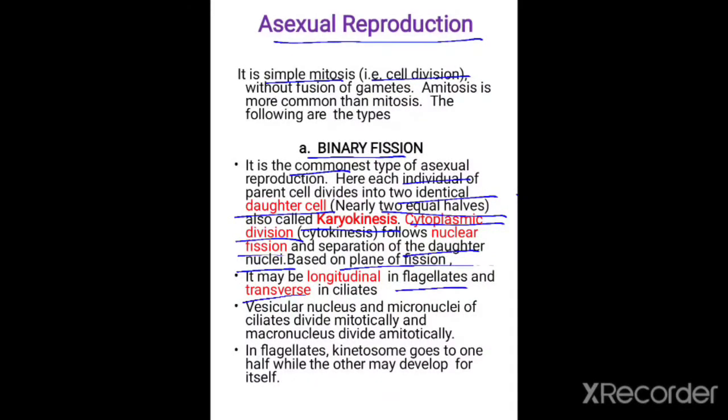In case of flagellates, the division is longitudinal, and in case of ciliates, the division is transverse. This is about binary fission.